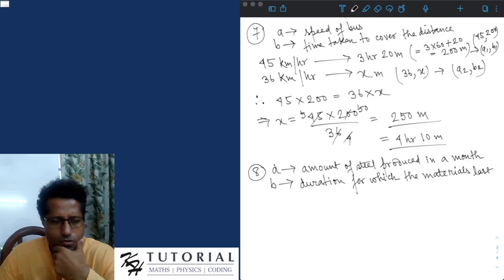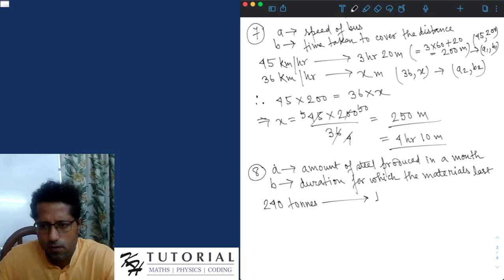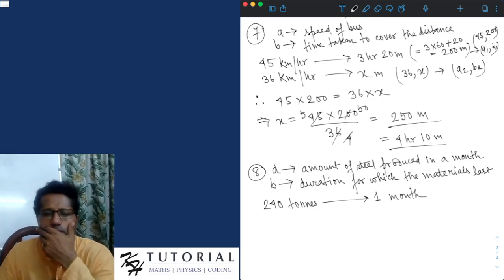So in producing 240 tons of steel, the materials are lasting for 1 month.